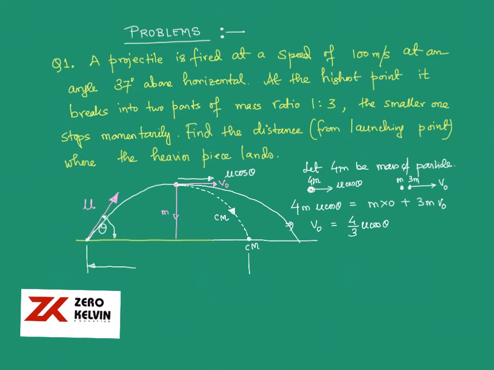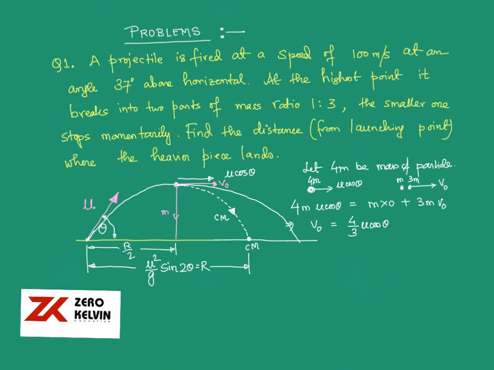So what is the range? U square by g times sine 2 theta. Suppose name it as r. You can write it as r for the range. Later on you can substitute range. So this is r by 2.